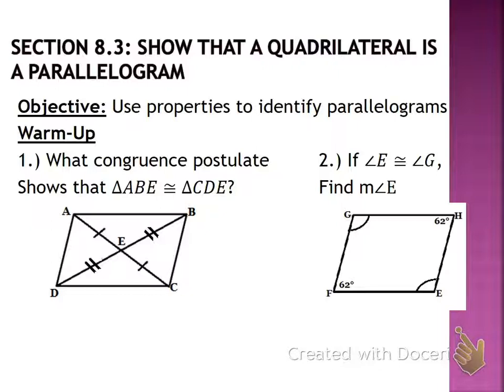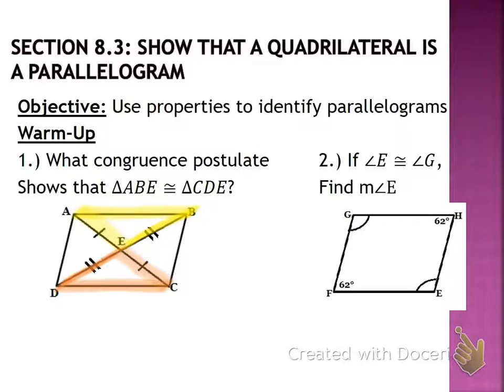All right, first up, what congruence postulate shows that triangle ABE is congruent to triangle CDE? So triangle ABE is this top triangle, CDE is the bottom triangle. If we were in a proof, how would we say that we know that these two triangles are congruent?